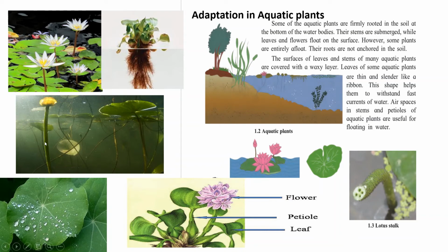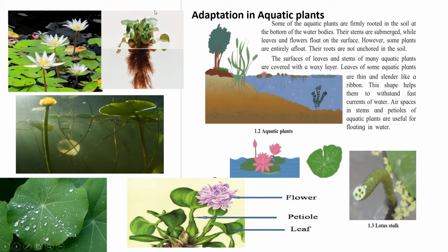They have a very long stem. This long stem helps the flower and its leaves float on the surface of the water. The leaves get sunlight for the photosynthesis process. The leaves and the stem are coated with a waxy layer to prevent excess water from going inside the plants.